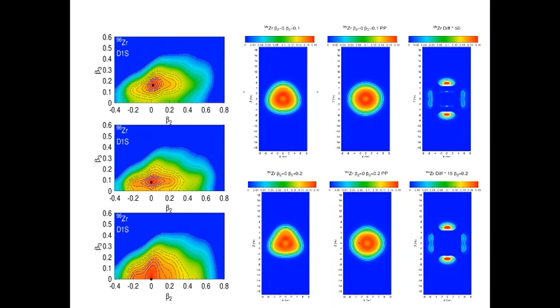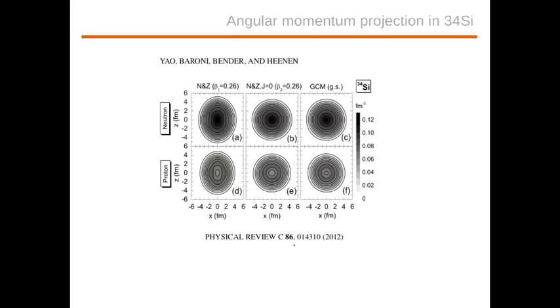So really you see that going from the intrinsic to, let's say, the laboratory densities, you have some changes that are important, can be visualized in terms of these density differences, but the connection between these two is not really straightforward, right? So this is not restricted to parity symmetry restoration. It's also the case when one is restoring rotational invariance, as you can read in this Physical Review C paper from 2012.